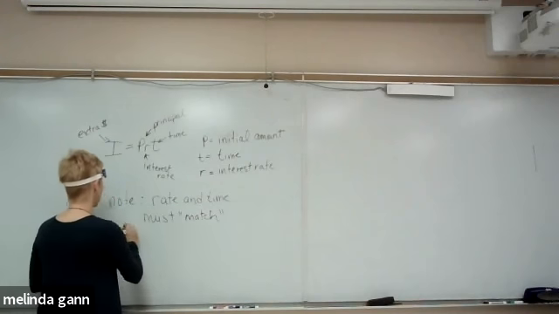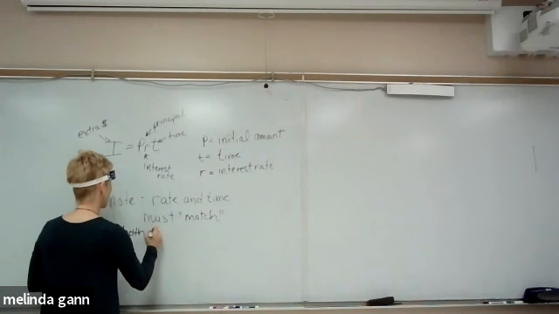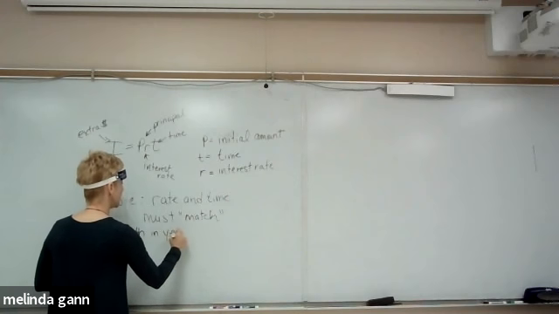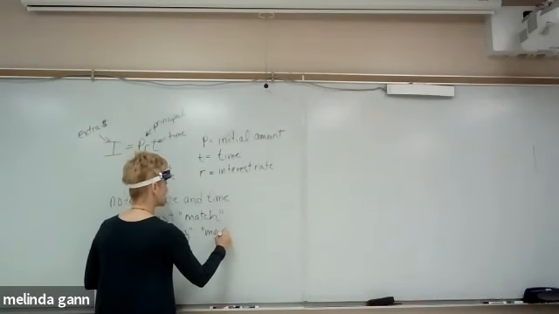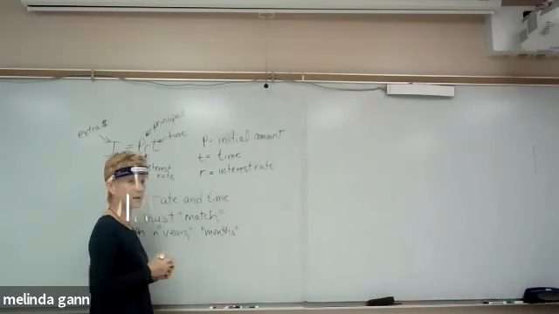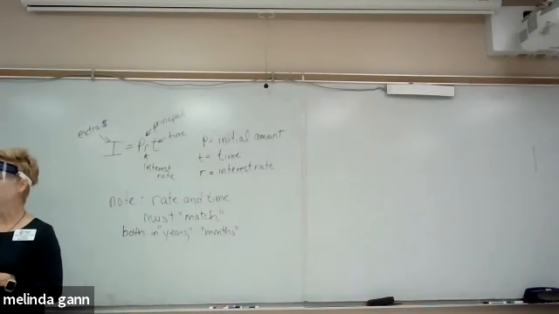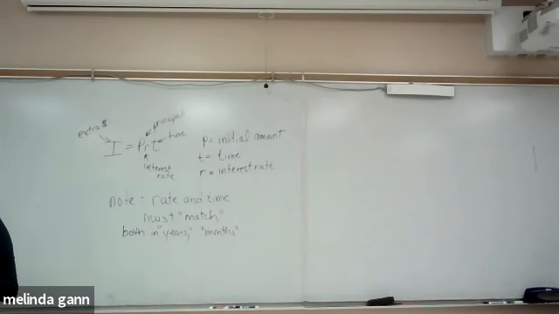I mean that they both got to be in like years or months or days. Everybody with me? Because they're going to tell you the interest rate is like 10% per year or 4% per month. The time might be 6 months that you kept the money or 16 years. So they've got to match. So if they don't match, you've got to change one of them.